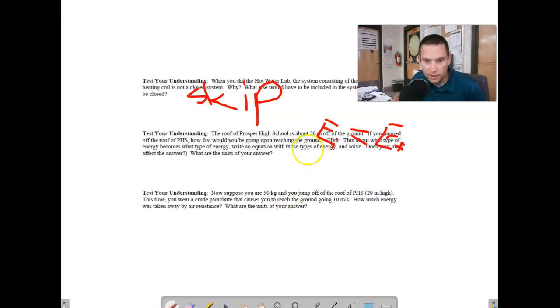So if we're going from 20 meters high, because we have some kind of elevation, then that means we have some sort of gravitational potential energy, UG. And if we're trying to find out how fast we are, then that means we're dealing with kinetic energy. So there's the general conservation of energy equation for this situation.